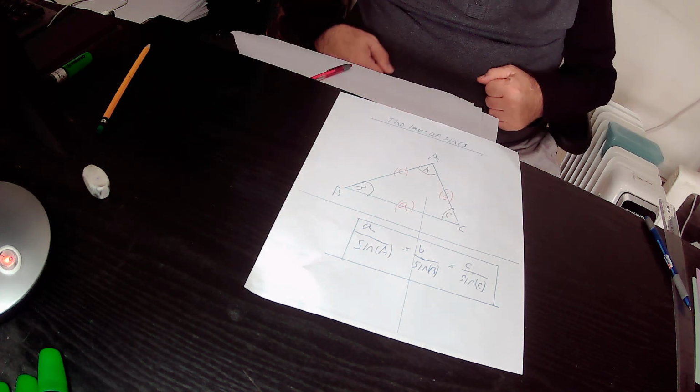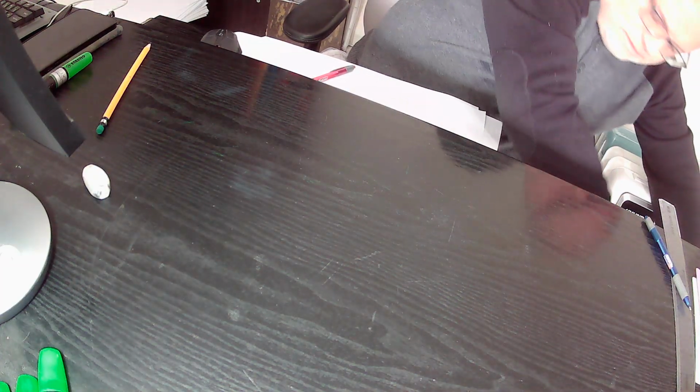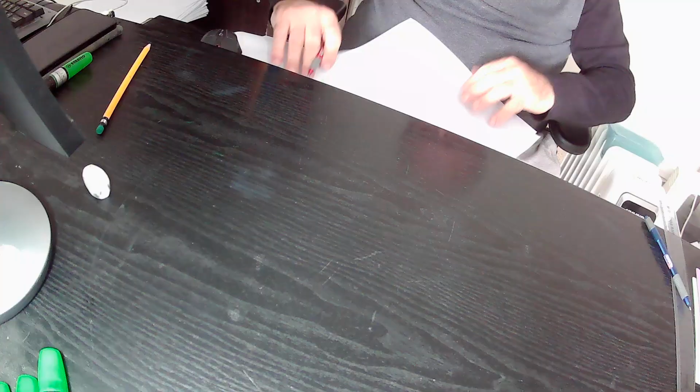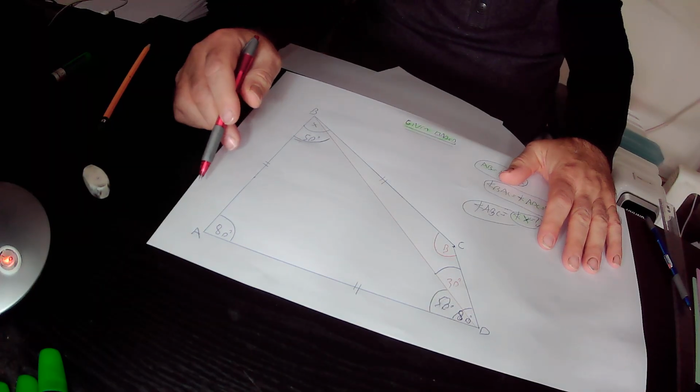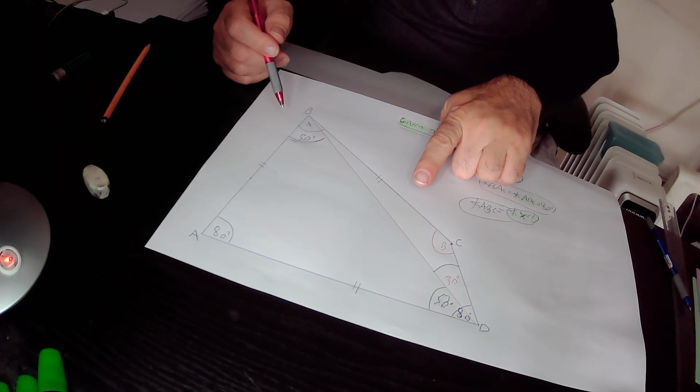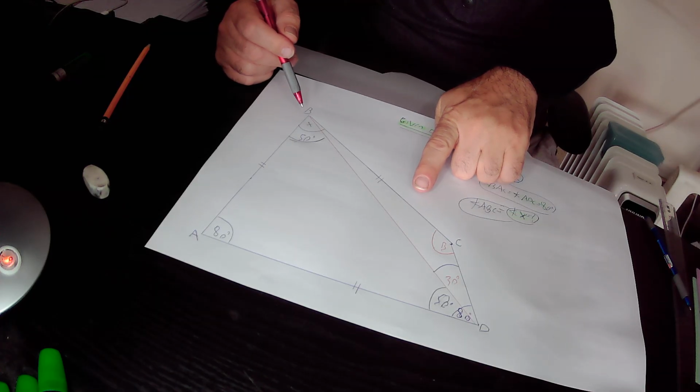So we can implement the law of sines in our drawing. First of all, we will implement the law of sines in this triangle ABD, and then we implement the law of sines in this upper triangle BCD.